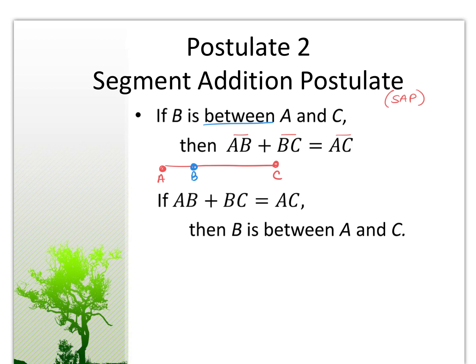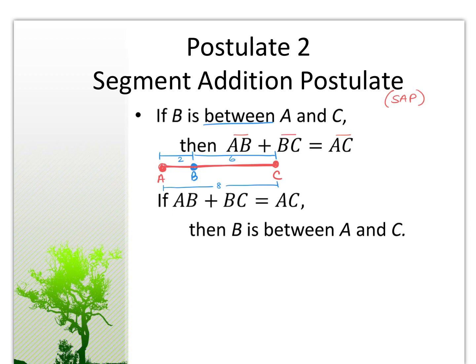What it's telling me is that the entire segment goes from A to C. If I take the pieces, I've got piece AB, and then I have piece BC. Whatever AB measures, let's say 2, and BC measures, let's say 6, we know that 2 plus 6 is going to equal the whole thing, which would be 8.